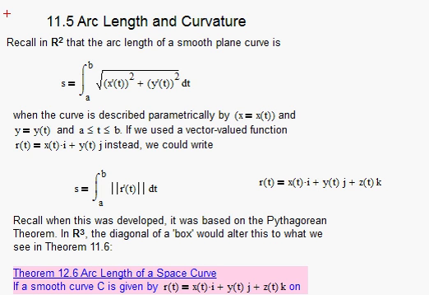Well, in this lesson we're going to talk about arc length and curvature.